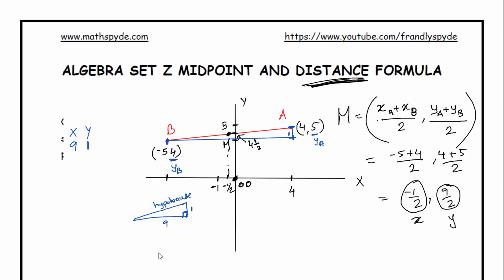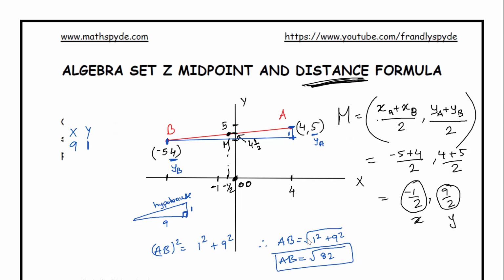According to the Pythagoras theorem, the hypotenuse AB squared is equal to the sum of the squares of the legs, 1 squared and 9 squared. So the distance between the points AB is the square root of 1 squared plus 9 squared, which is the square root of 82. And that's my distance formula.